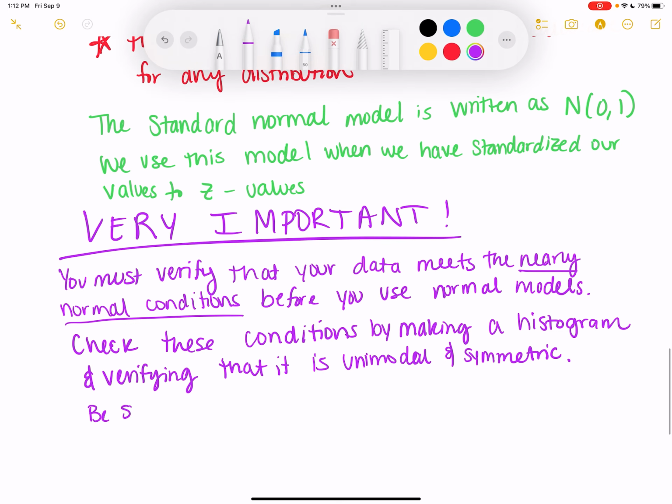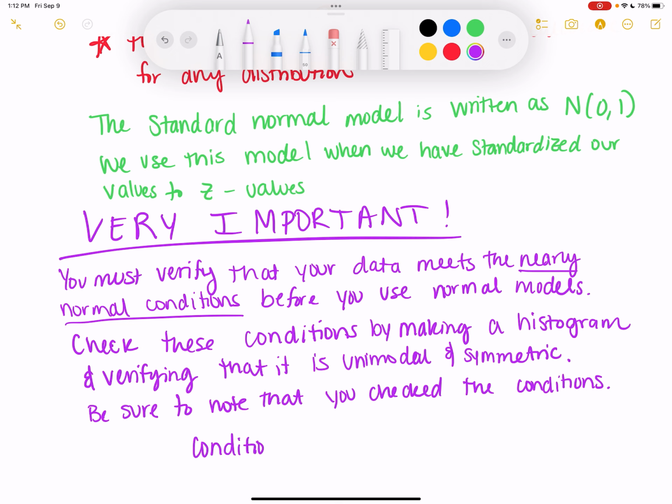Be sure to note that you checked the conditions. Usually when I do it, I'll write conditions, and then I'll just put a check mark with it to show that I checked it.